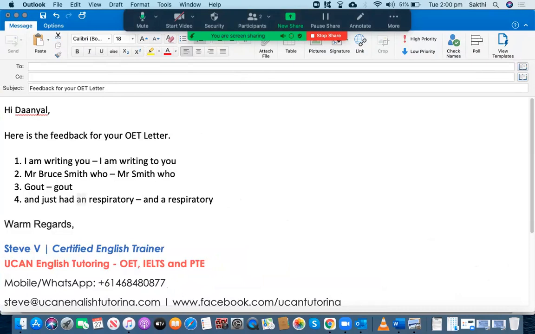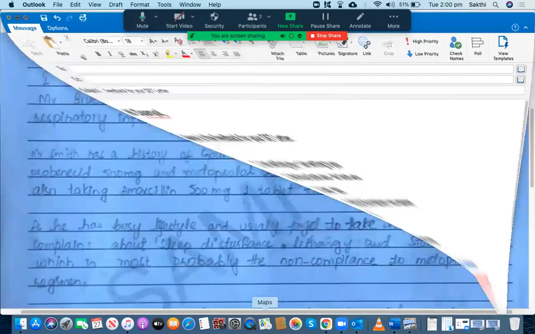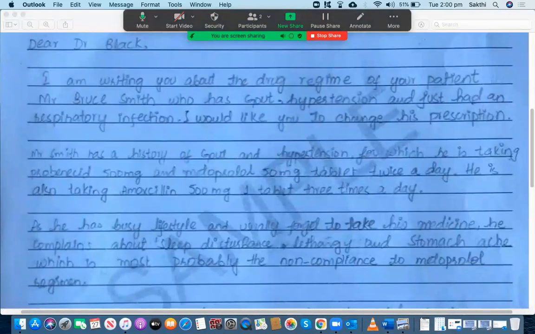All the other words do not need this article. They may need a different article. Okay, so that is what you have to say. And then the other thing is infection is a countable noun, which means one infection, two infections, three infections, and so on. So you can use this article here. That is correct. That's what I would like to tell you. So it must be respiratory, and just had needs to be removed.